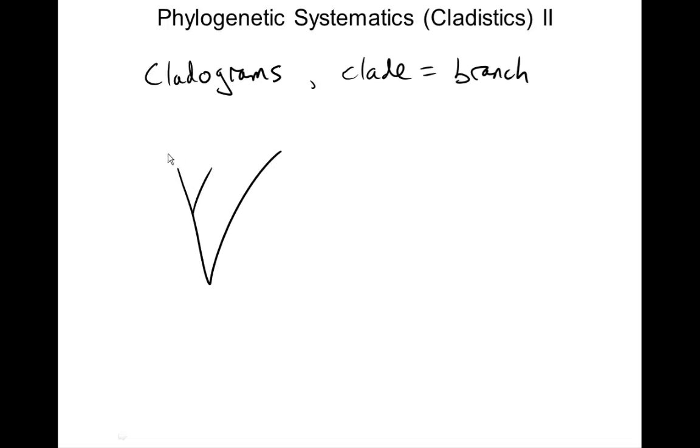So if we look at a simple cladogram of 3 taxa, A, B, and C, this point right here is what's termed a node. A node is a genetic divergence from a common ancestor.